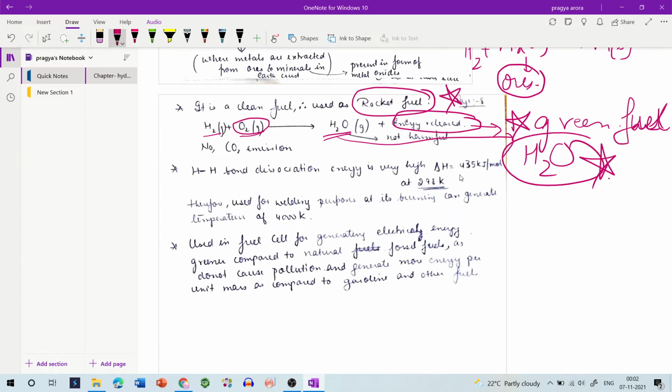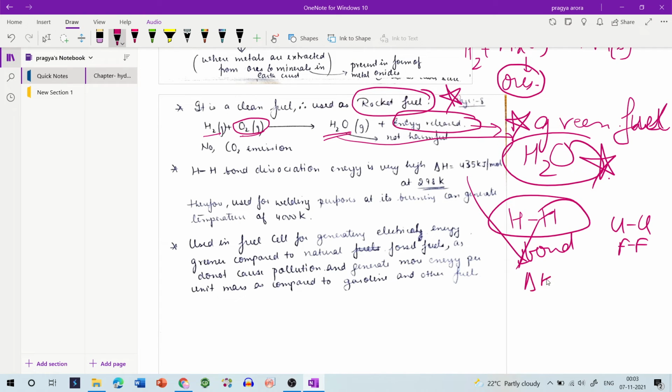The other thing to notice is, as I discussed in the previous video, the hydrogen bond has the highest bond enthalpy among the single bonds like Cl-Cl and F-F. The value of the bond enthalpy is delta H equal to 435 kilojoule per mole at room temperature, that is 298 Kelvin.